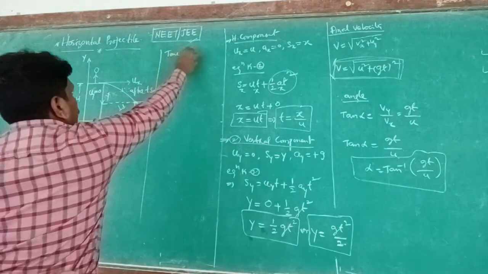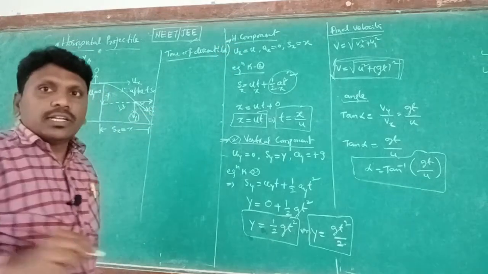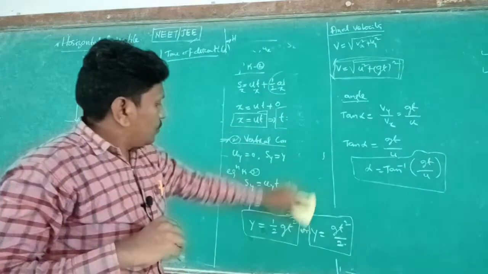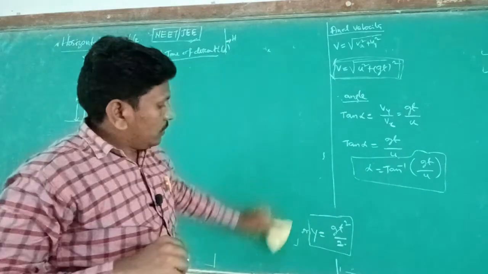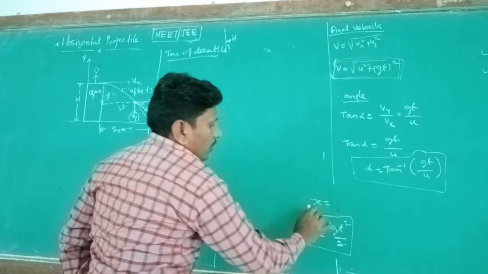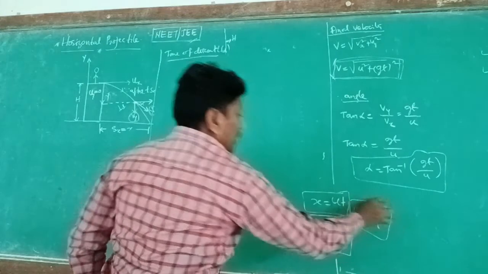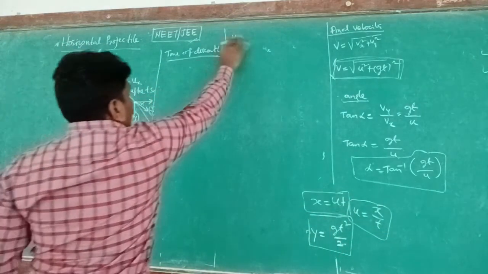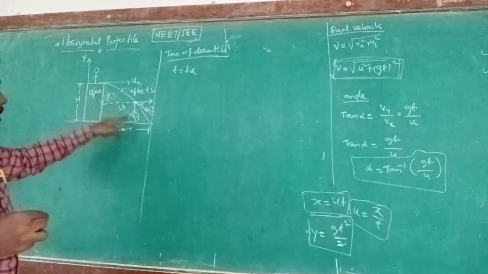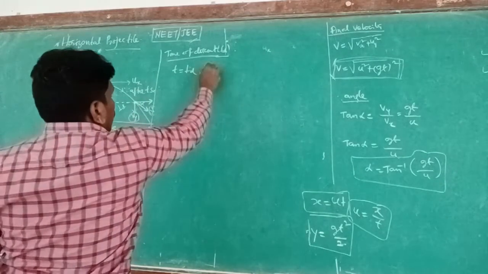Time of descent is denoted by TD. Here x is equal to ut, or u is equal to x by t. Okay, time of descent: t is equal to td, the time taken by the body to reach the ground from the maximum height.